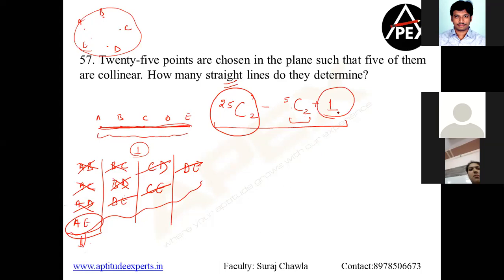That is going to be the final value. By the way, 25C2 minus 5C2 is not 20C2.